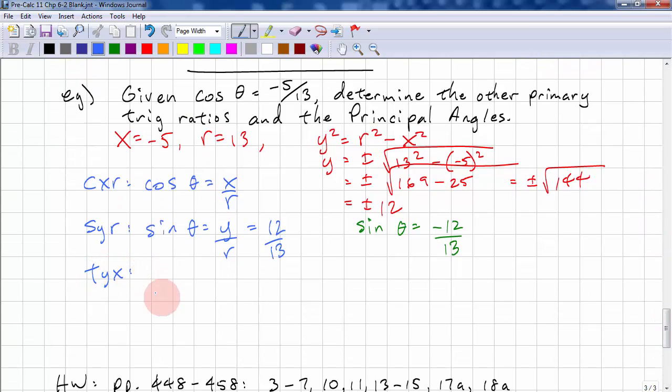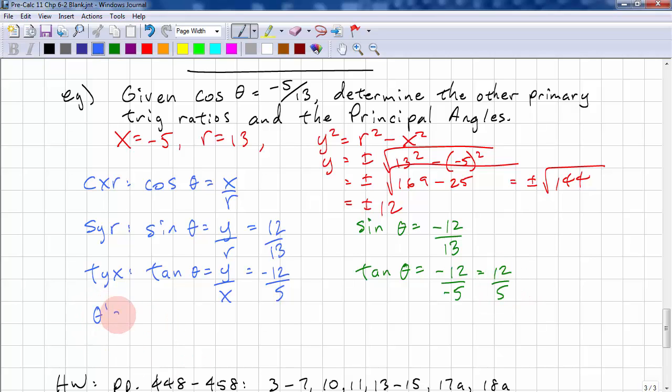Tan theta equals y over x. So we have to use the same y here to be consistent. So we have 12 over negative 5, but we put the negative on top. And over here, we have tan theta equals negative 12 over negative 5, so we have 12 over 5.